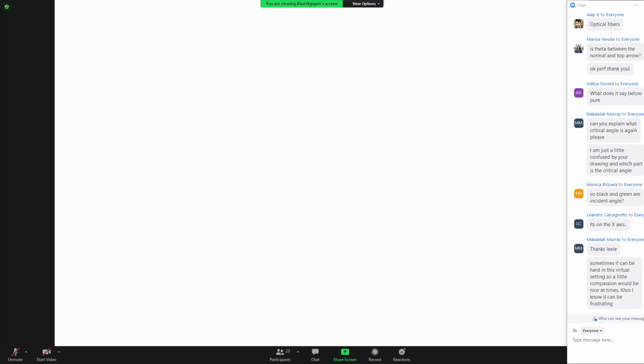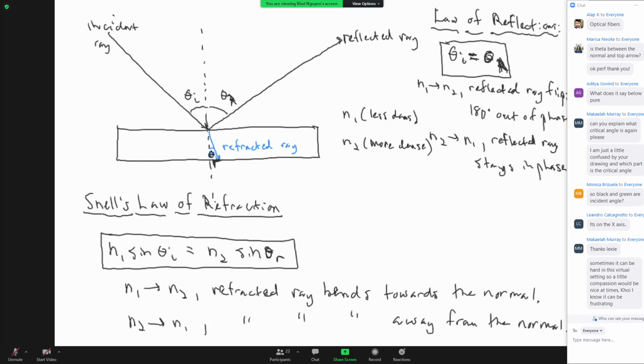All right, let's talk about optics. Oh, there's a question. Can you ever have reflection from less dense to more dense medium? Yes. In general, both things happen at an interface, reflection and refraction.